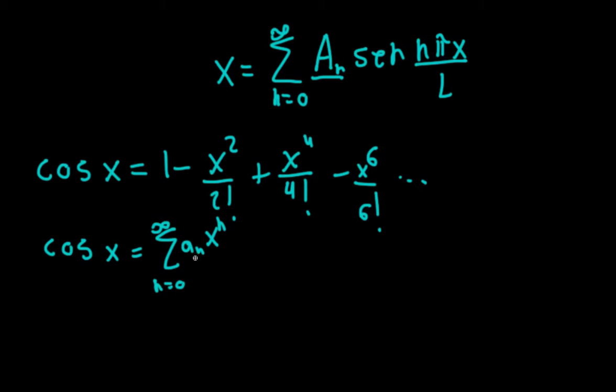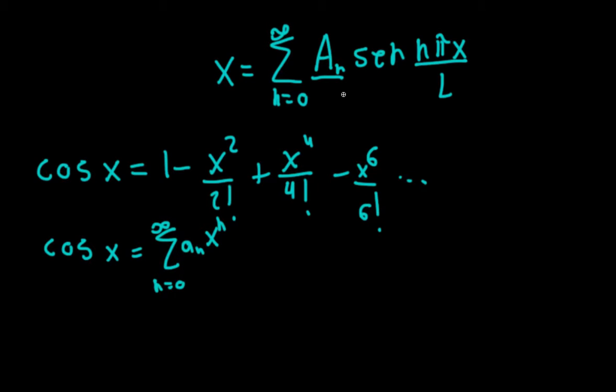These are set: x to the 0, x to the 1, x to the 2. What makes the series work ultimately are the constants, the a_n, that is 1 minus 1 over 2 factorial plus 1 over 4 factorial minus 1 over 6 factorial and so on. So what can make this series work are the constants, because I cannot change these ones. These are already set by their n. The only freedom we have here is the constant.